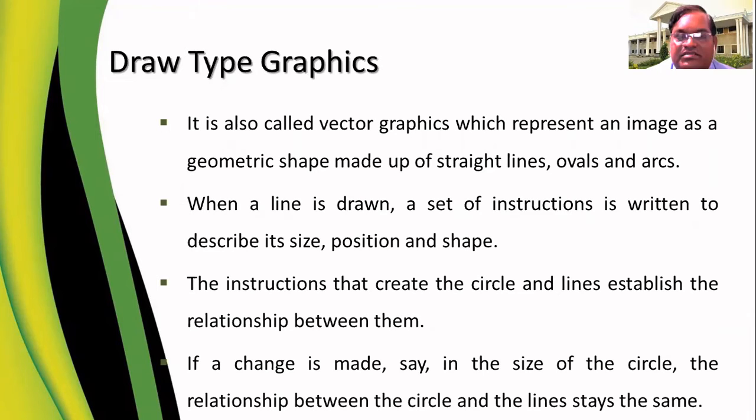Whenever you make changes to the shapes in draw type graphics, there is no change in the quality of the graphics. If you change the size of the circle, the relationship between the circle and the lines stays the same.